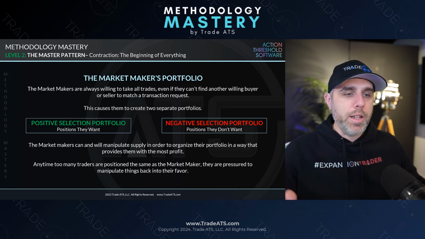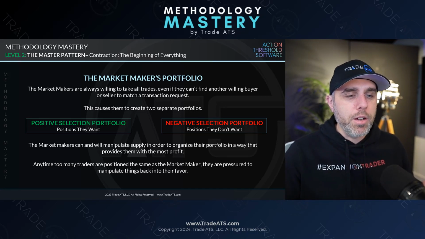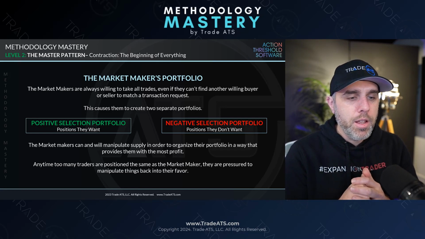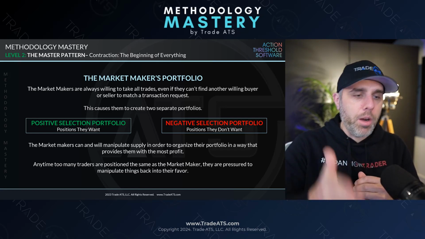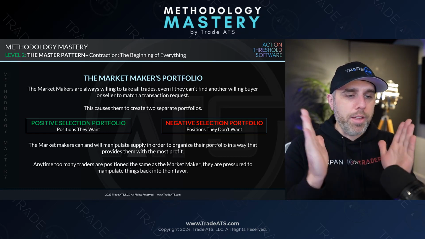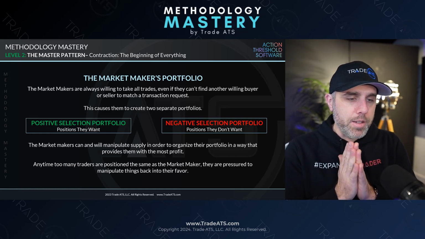The selling is going to come from the market maker doing their duty as they're supposed to, being a market maker. Their job is to make a market. That means I come to you with a request and they fill it. That's it.